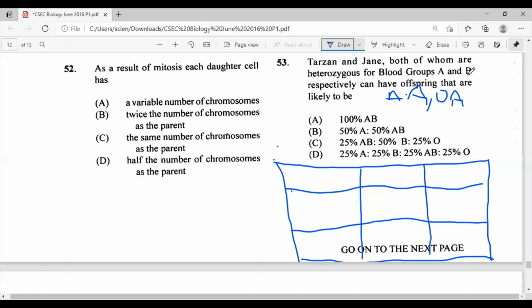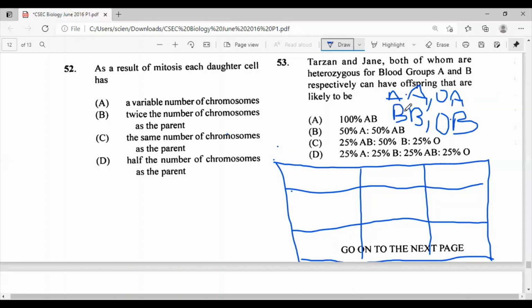And the same thing for blood group B, capital B and capital B could be a blood group for one of the parents. O and capital B could also be another blood group. The same thing that we said with AA, having both capital A's means that the person is homozygous.